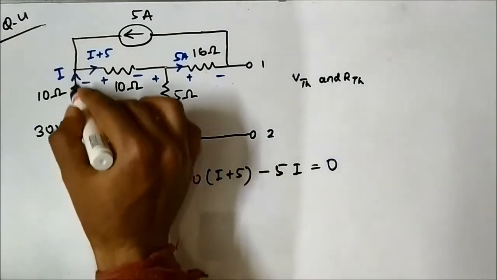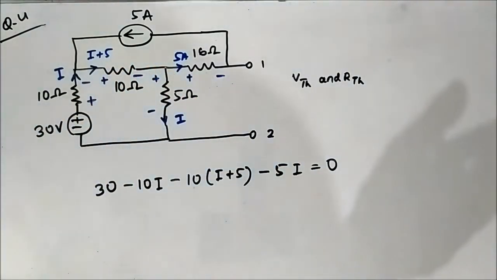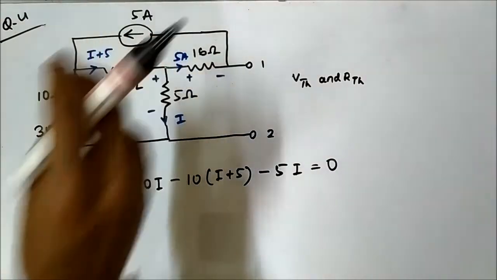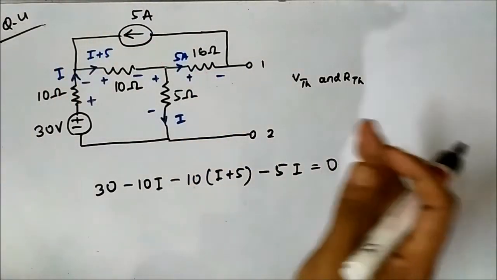I have assigned plus minus because power is always absorbed in a resistor. Power absorbed means plus minus. I have already discussed that in the previous videos.